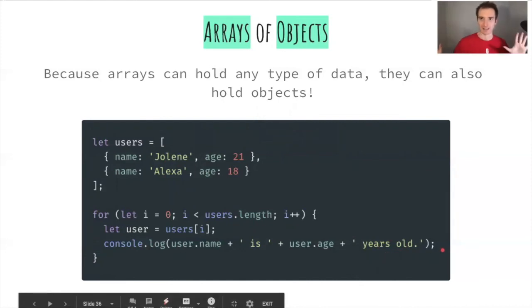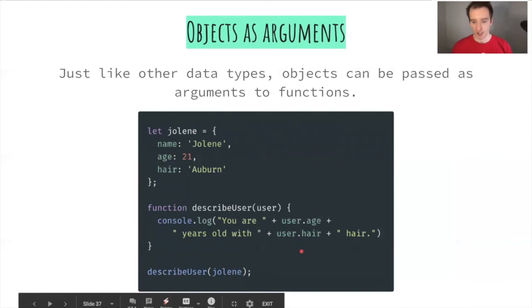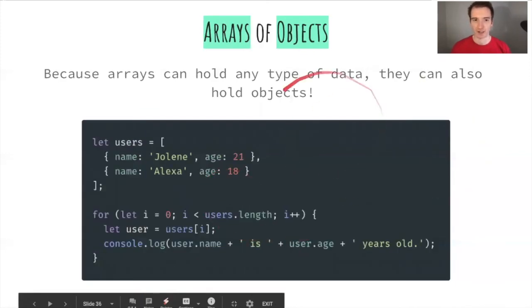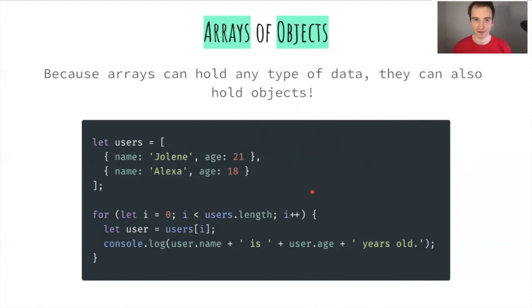So that's what gets output to the console. And then the second time around, it's 1, so it's Alexa instead, who's 18. Okay, so this comes in handy quite a lot. We can pass arrays of objects into loops. We can do things with an array of objects. We can manipulate multiple different entities at once, which really adds a lot of power onto what we can do with these programs.